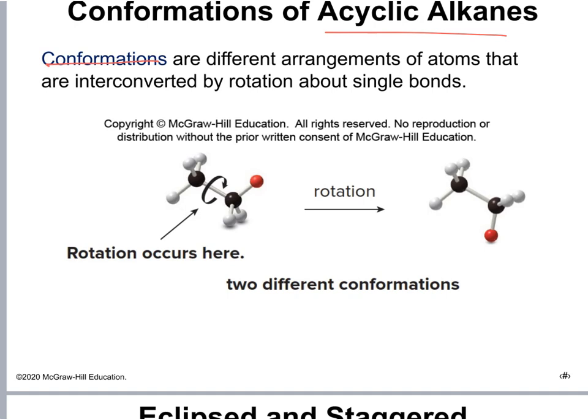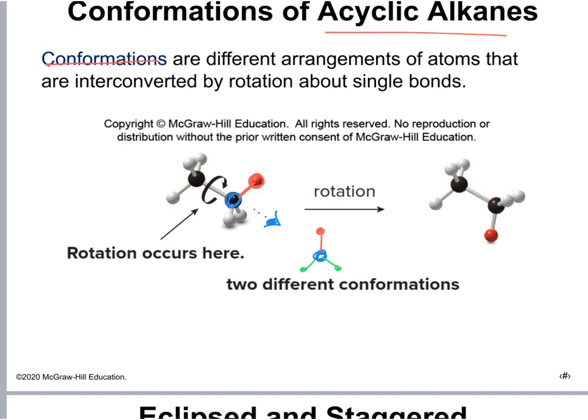And so if you have something different, like here, this is an oxygen, and your eyeball is looking at this conformation, if you had to draw it, you would see the oxygen there, and a hydrogen there and a hydrogen there.